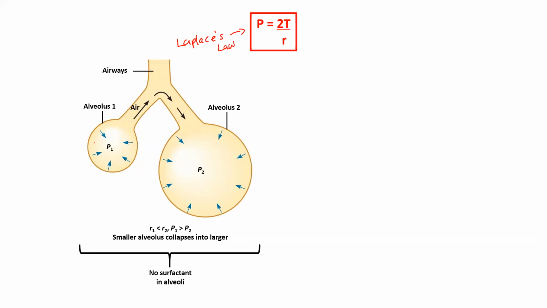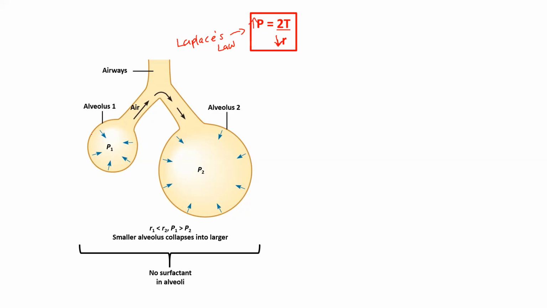And in terms of the application in the alveolus, if we look here, this alveolus, which is visibly smaller than this larger alveolus, it's going to have a larger amount of pressure, right? If you think about the inversely proportional relationship here, a smaller radius equals more pressure.